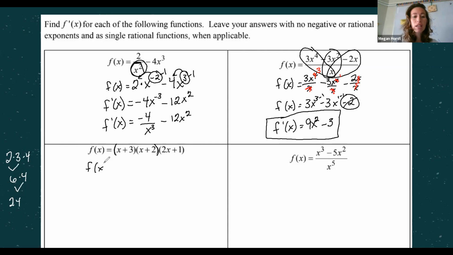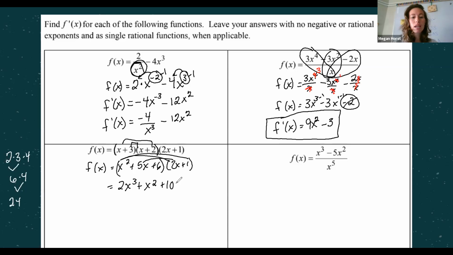So I have f of x equal to x squared plus 5x plus 6. You'll get the same thing once you combine those like terms, the 3x and the 2x. And then I'm going to do the same thing here. So I have x squared, and I have to kind of draw this one out. I get 2x cubed plus x squared. So I know I did that. I'm good. Now I'm doing this next one. 5x times 2x gives me a 10x squared plus 5x.